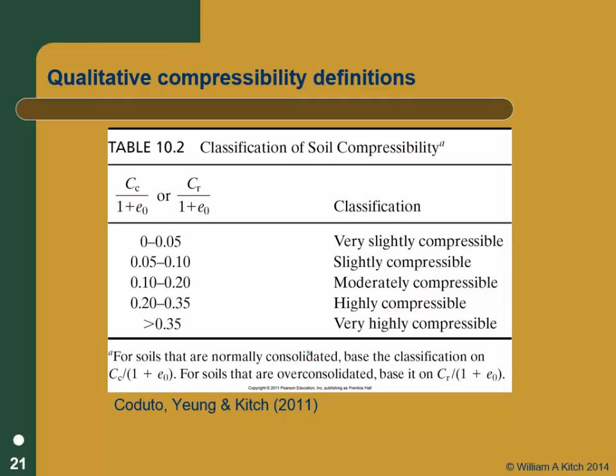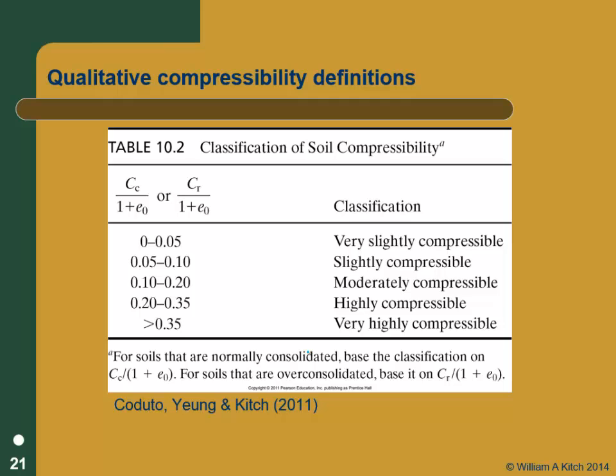I do like these qualitative descriptions of compressibility. If you want to talk to somebody about what's compressible, and if you have very little experience, you don't know. If somebody says, "Hey, I got a C sub C of 0.1," you're like, "Okay, what is that?" I mean, you know what the modulus of steel is. You might know what the modulus of concrete is. What the hell does that mean? Well, this is a nice description. I think Professor Caduto developed this description.